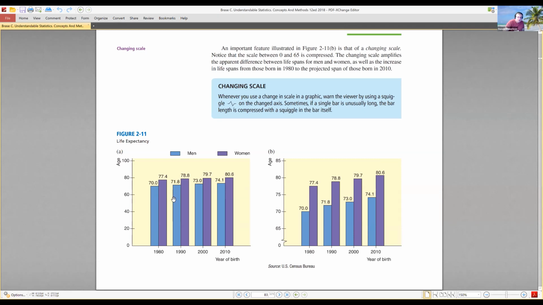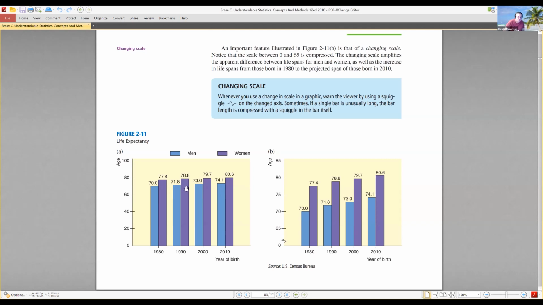What I can ask from this kind of data is quite interesting. If you just look at the men on their own over the time period that we're talking about, would you agree that as we travel from 1980 to 2010, the life expectancy of males has gone up? Every 10 years, it looks like it gets about a year better.